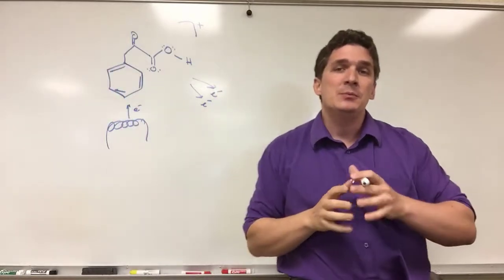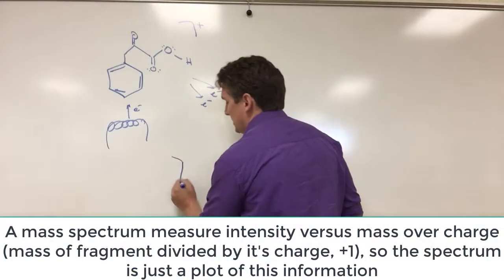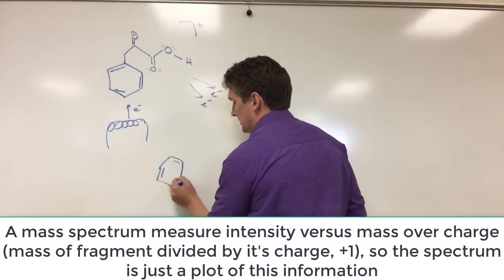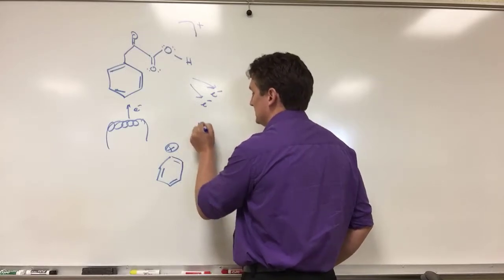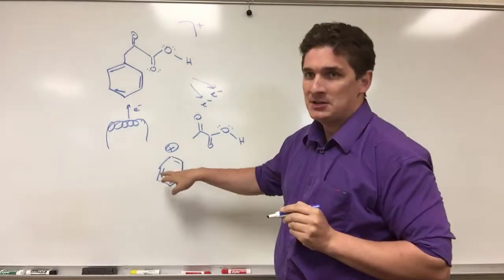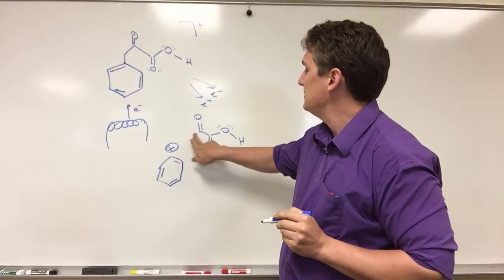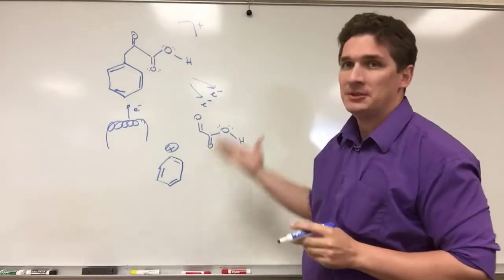The thing is, we're going to end up with what's called a fragmentation pattern. So we may end up with something that looks like this, and this is the fragment that popped off of it. So there may be a positive charge in this ring, and when it snapped in half, we ended up with carbon here, or the charge could have been on the other one.